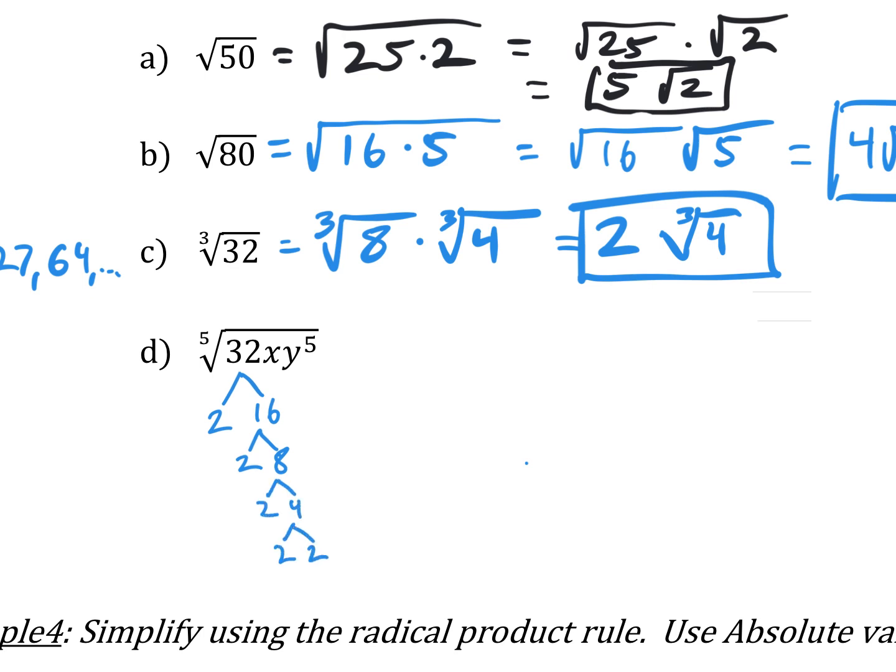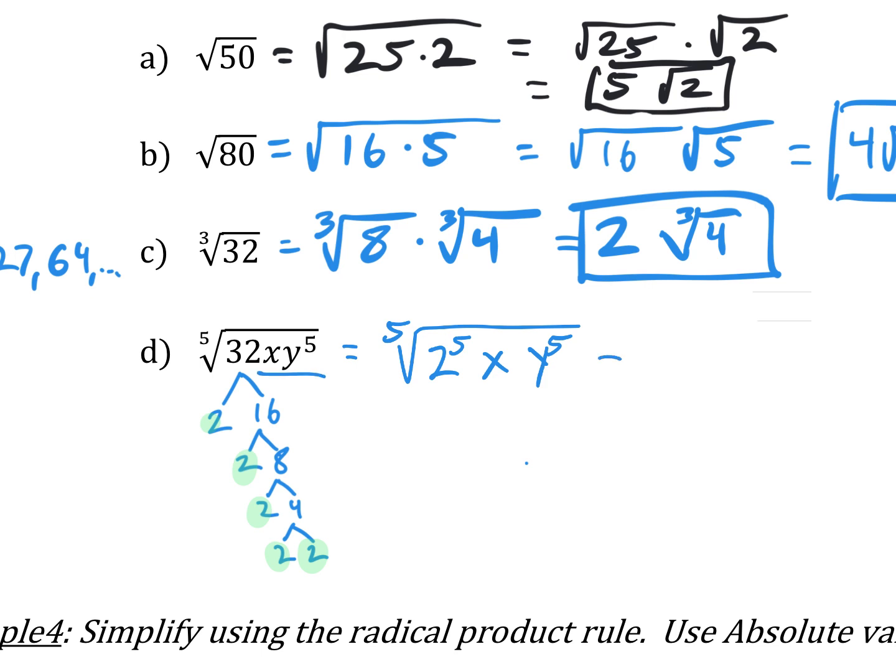And 4 is 2 times 2. Now we have 2 times 2 times 2 times 2 times 2. Notice that's 5 2's. So we can rewrite this as 32 is 2 to the 5th, x, y to the 5th. Okay, just copy that last part down.